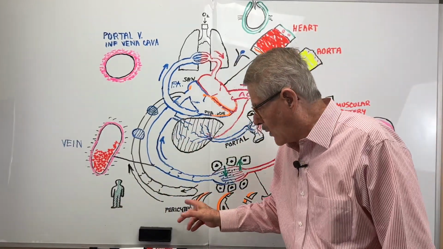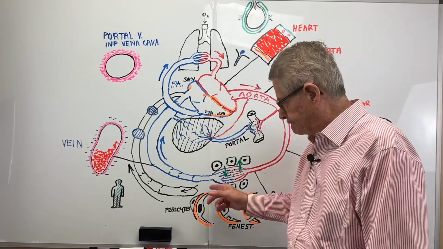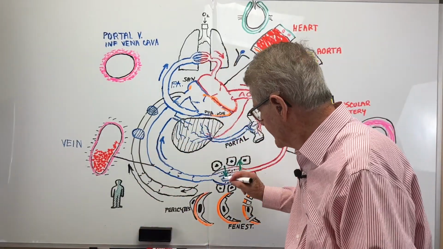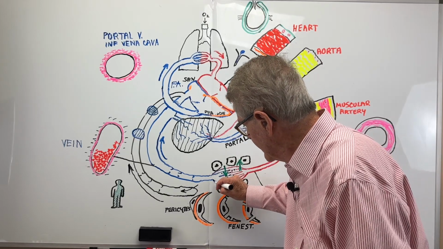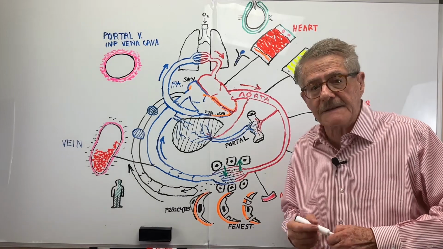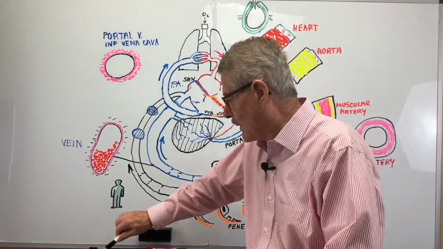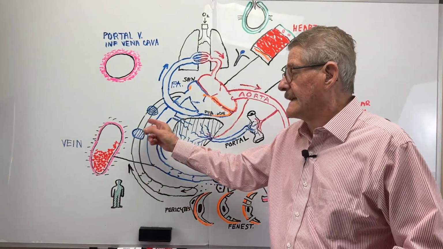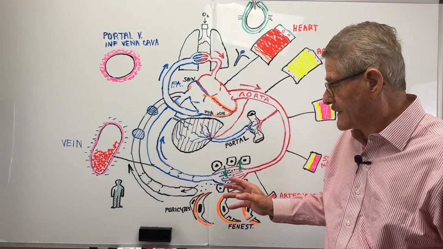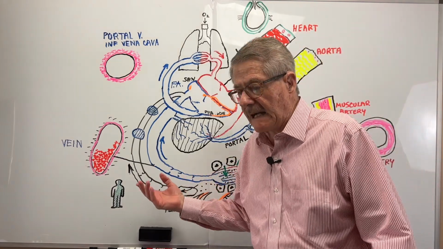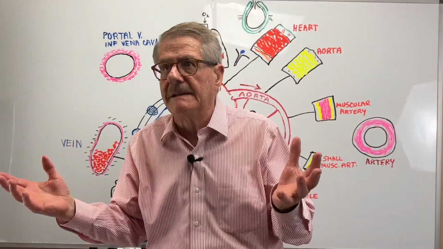Now, the reason why we have lymphatics appears to be related to the fact that some of these proteins may leak to the interstitial fluid, and the only way to get them back is via the lymphatic system. In other words, the lymphatics are relatively thin.